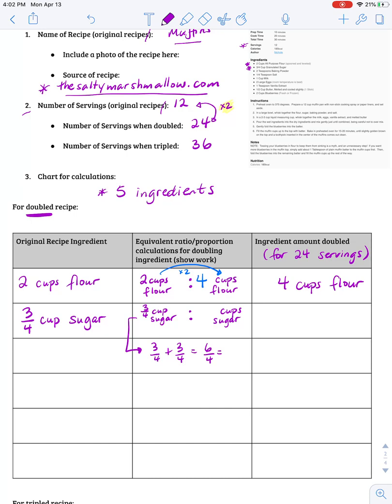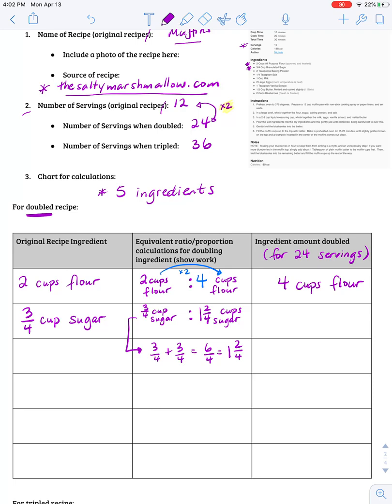So think about that before I go over the answer. 6/4 as a mixed number would actually be 1 2/4 of a cup of sugar. So it actually works out to be that.